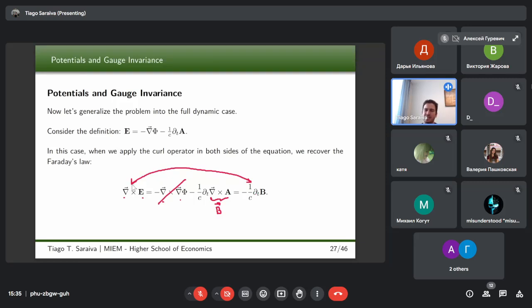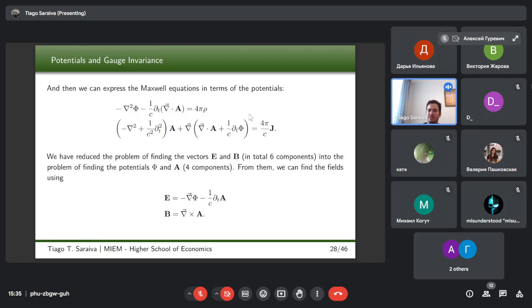Okay, so this means that we can play around with these potentials, and the equations will be invariant; they will not change. And I will go fast over this because it's not the key point of the lecture, right?